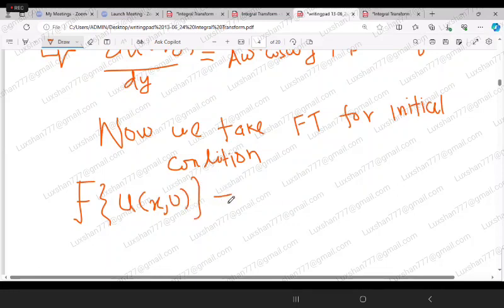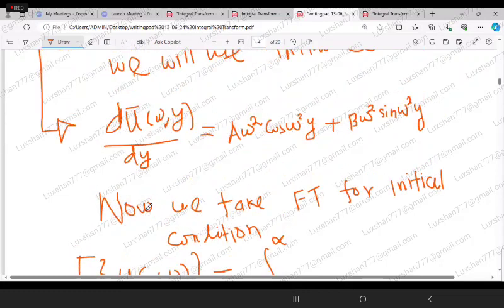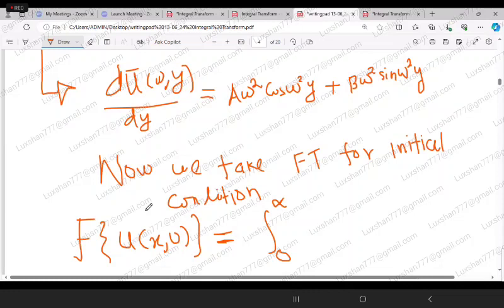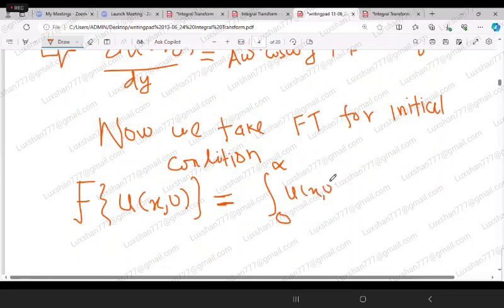This is equal to the integration from 0 to infinity of u x comma 0 times e to the power i omega x dx.